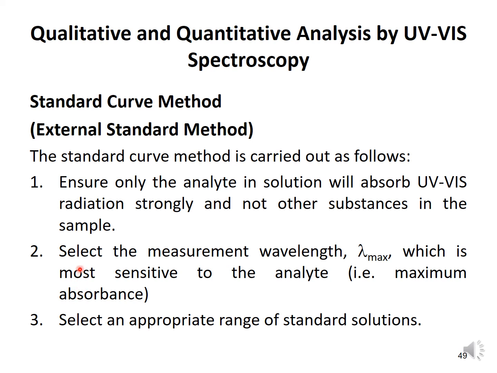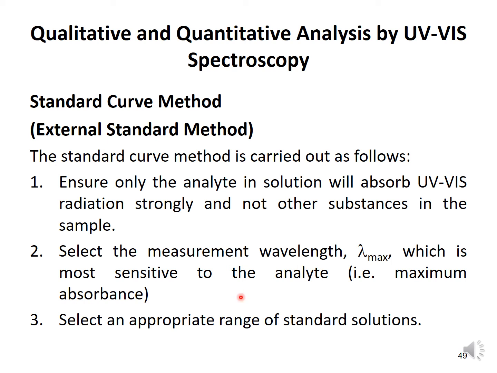Second, select the measurement wavelength. You should know the lambda max for your analyte and run it to check whether the suggested lambda max is correct. You can just scan your solution to determine the lambda max.